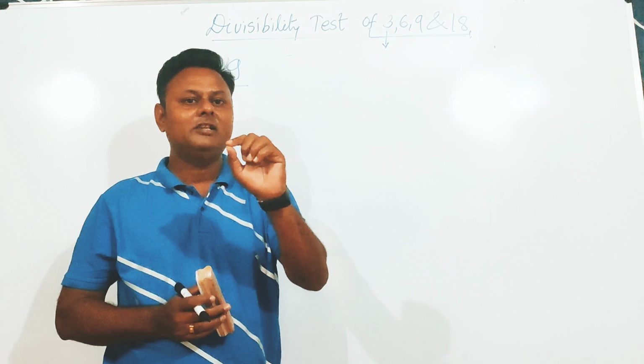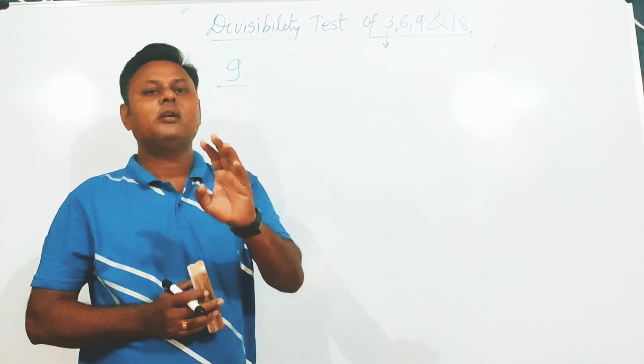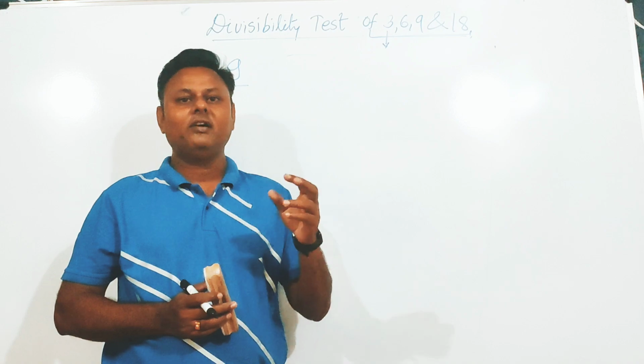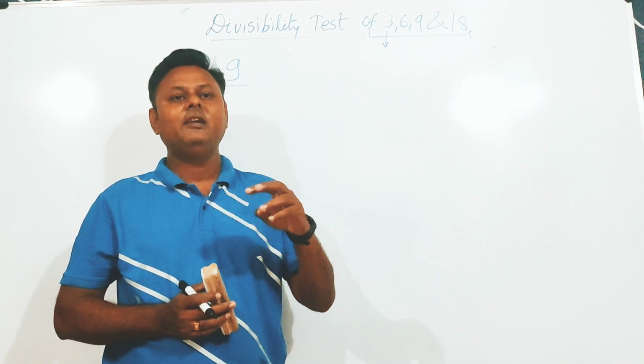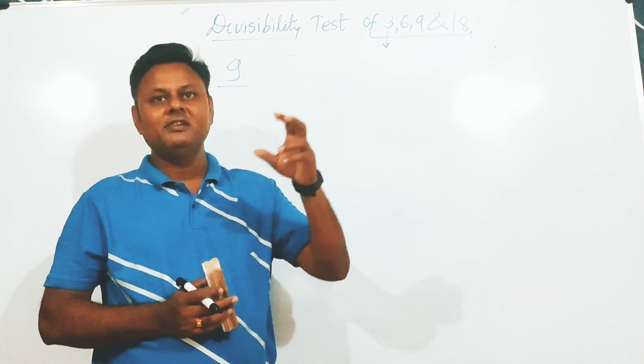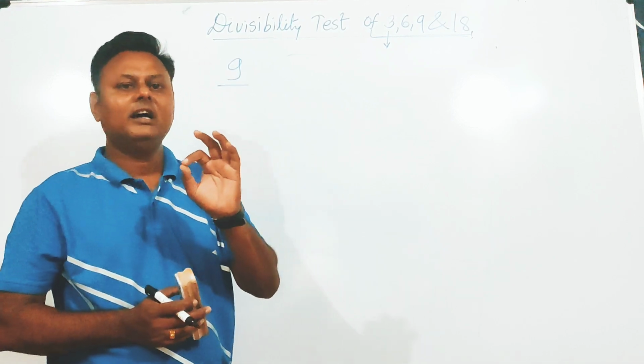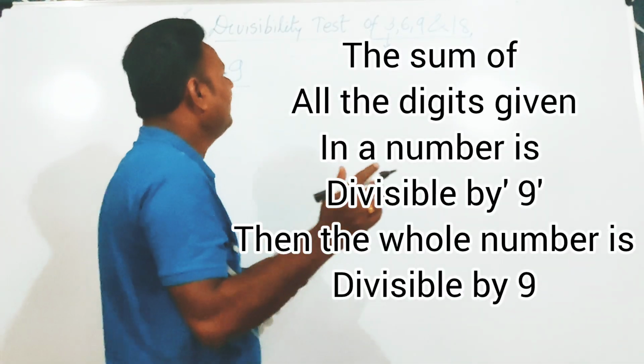Here a little bit of change is that you do the sum of all the digits in the number, and whatever sum comes, divide it by 9. If the sum is divisible by 9, then the whole number is divisible by 9.